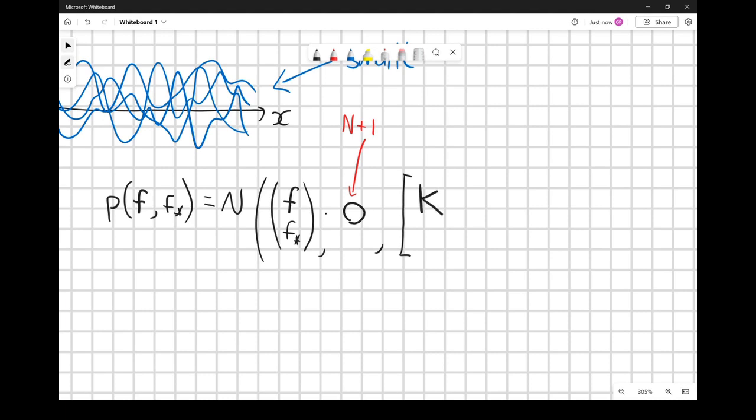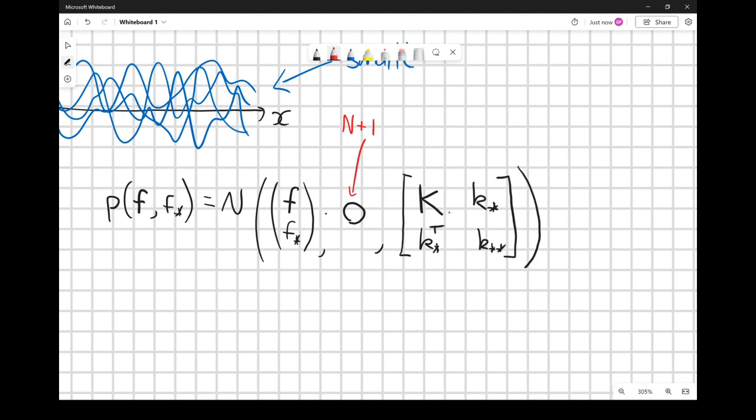So we still have capital K here, the covariance matrix that we'd already defined over bold F. And then we've got these extra terms, which I'm going to write as a K star transposed, and this is going to be a K star star, using the usual notation.